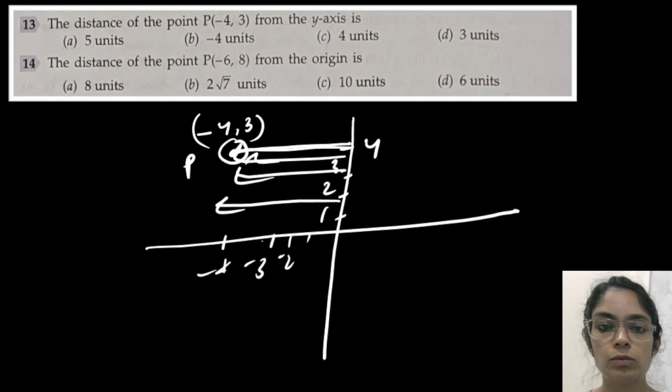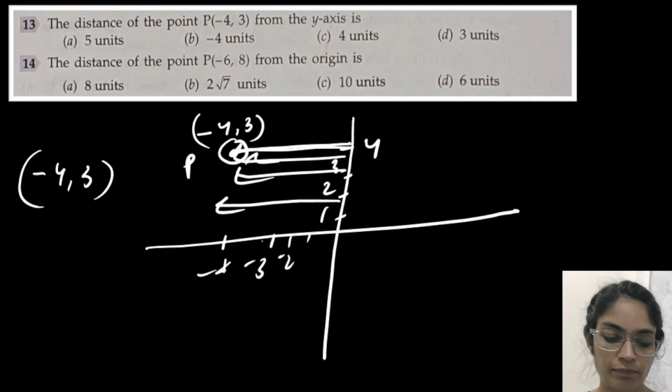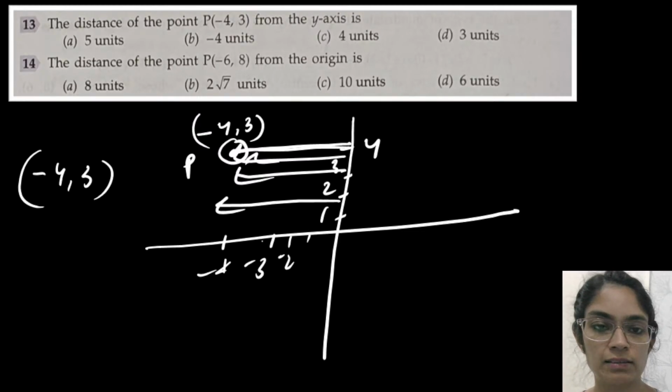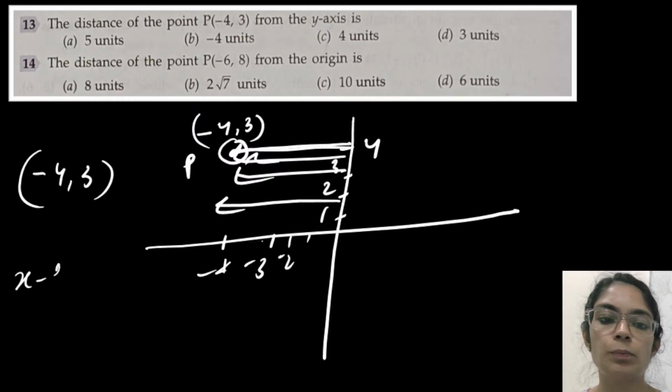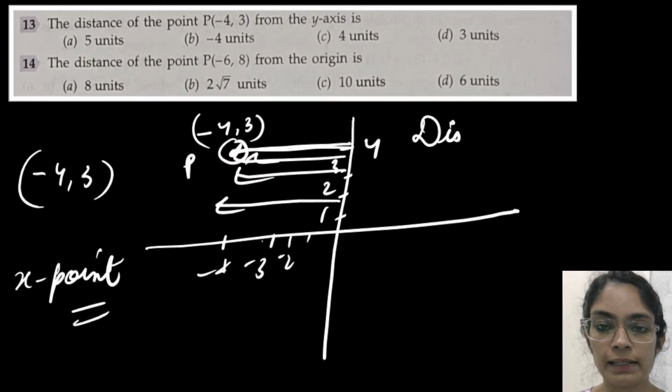So next question. Now the point is minus 4 comma 3. This point's distance from the y-axis you have to find. So if you have to find its distance from the y-axis, first of all the x point is the answer. But just remember this thing, distance cannot be negative.